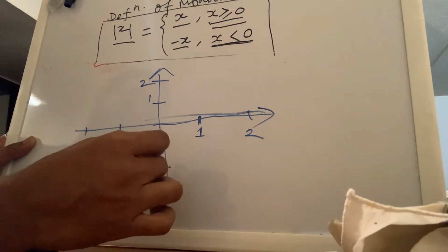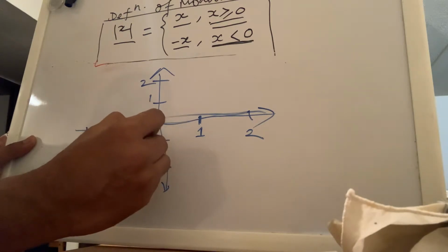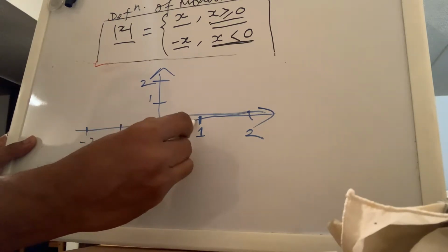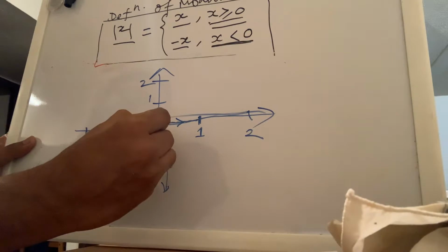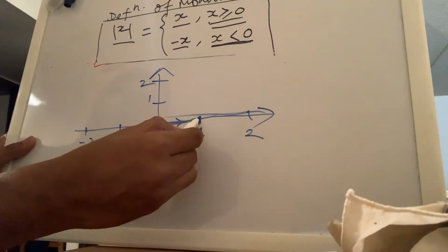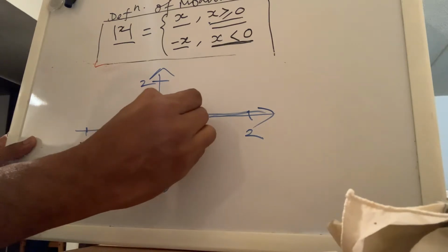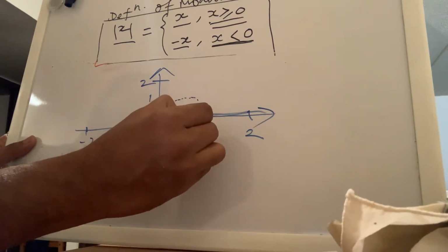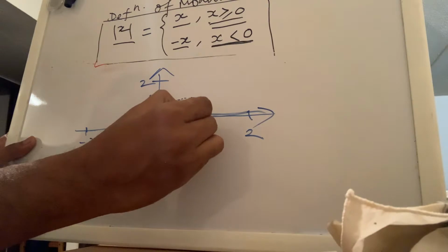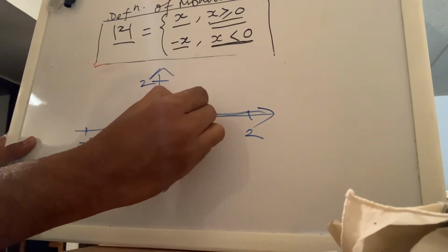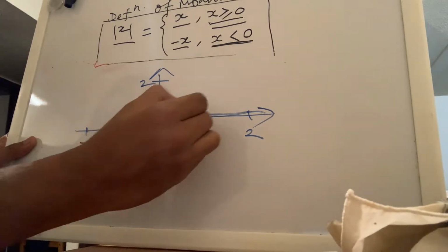Let's say you move from one place to this, you cover one unit distance. And from this position you come upwards, and you come here. So from here to here you came.